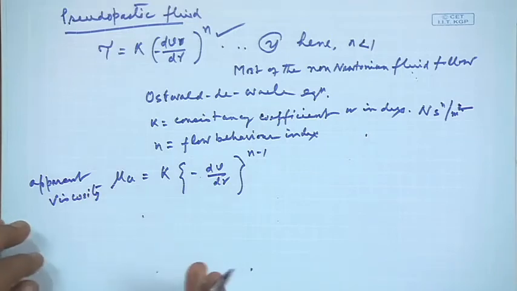So, today we have discussed the types of non-Newtonian fluids and Newtonian fluid, and the relation between the shear stress and shear rate for these types of fluids, the power law equation, the Ostwald-de Waele equation.